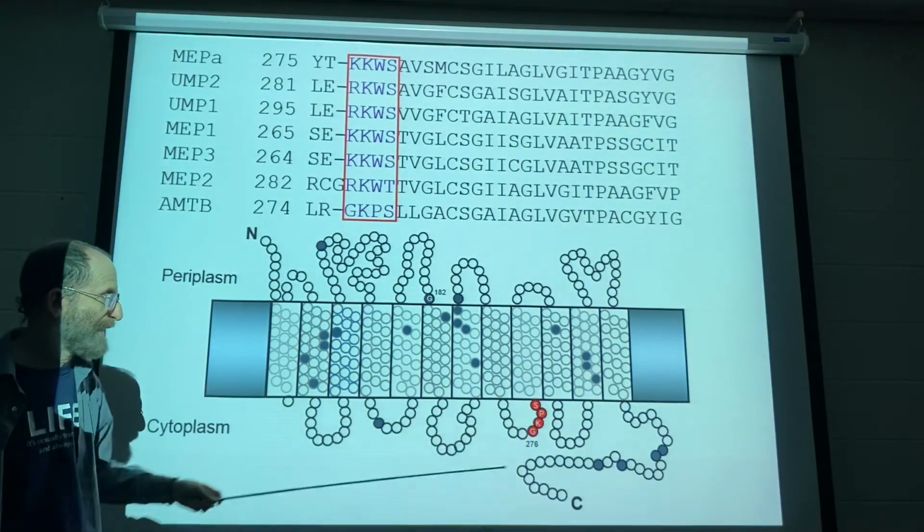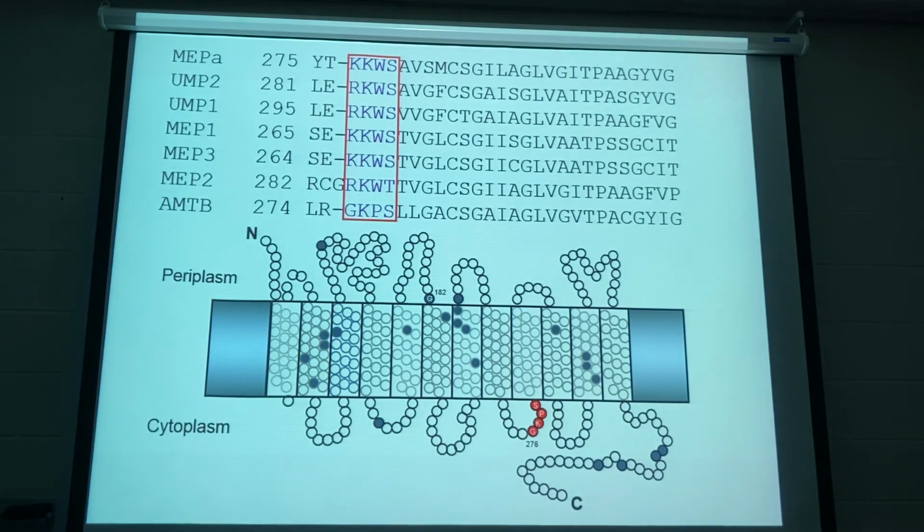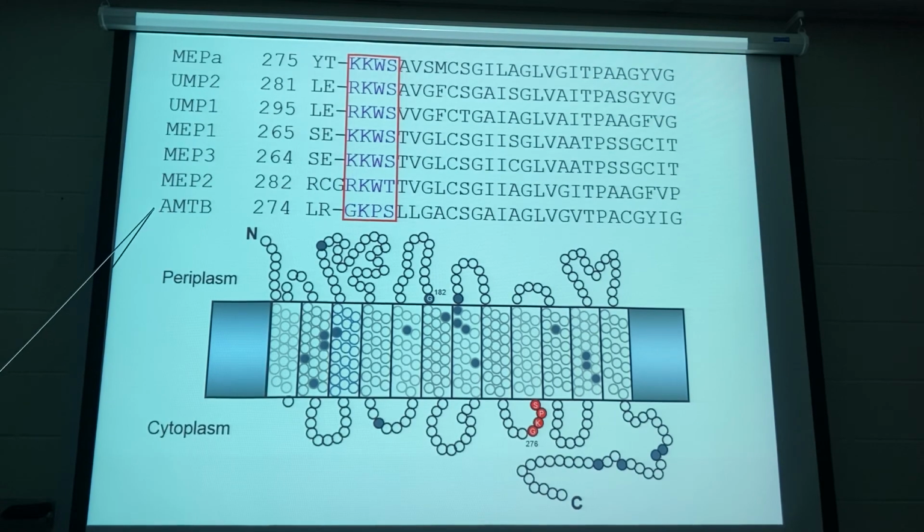Now bacteria, E. coli, they do not filament in response to low ammonium. This is something that fungi do. In fact, as far as we know, those are the only cells that respond by filamentation. And then the question is, how are these ammonium transporters from fungi different from this ammonium transporter from E. coli?